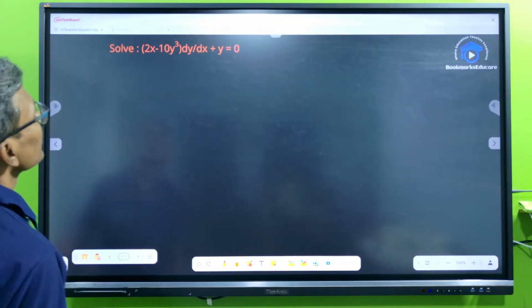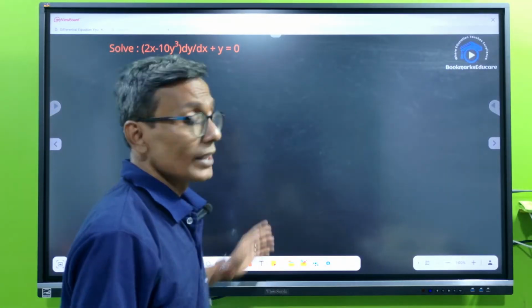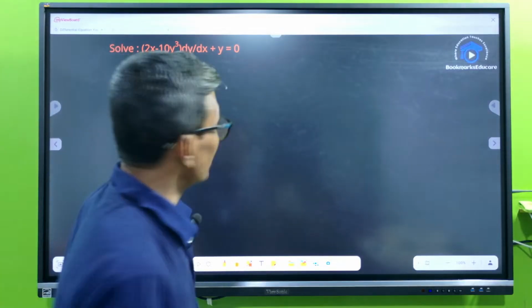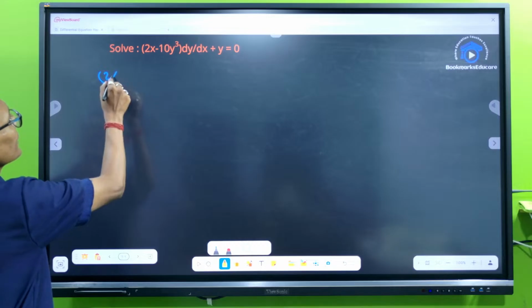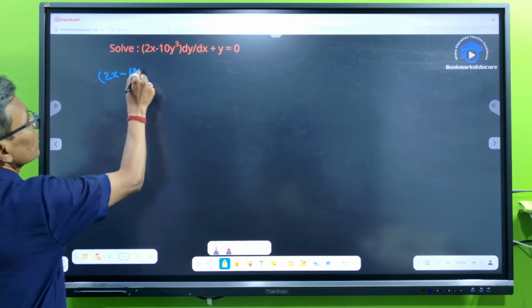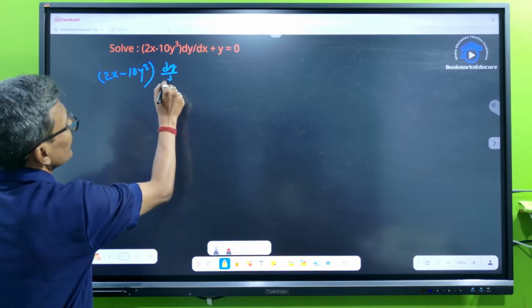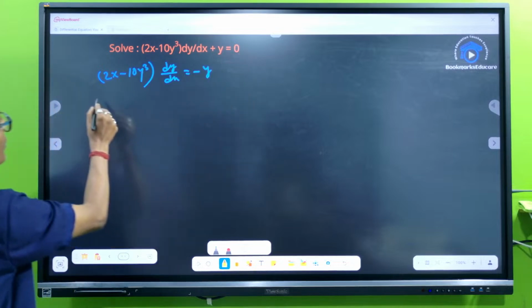The last sum is also based on linearity. This is also a linear differential equation. 2x minus 10y cube dy by dx equals minus y.